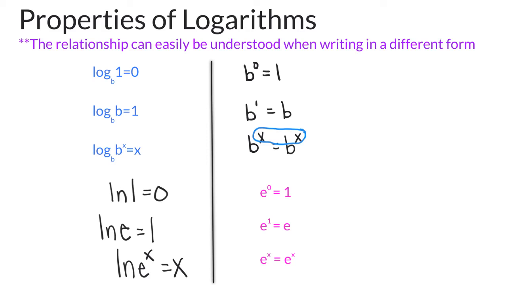Now let's use these properties to our advantage, going back from exponential to logarithmic form to simplify. The first example I'd like to show you is this one, where it has a log base 4 of 16. One way to look at this is by first examining 16. Now 16 is simply 4 squared.